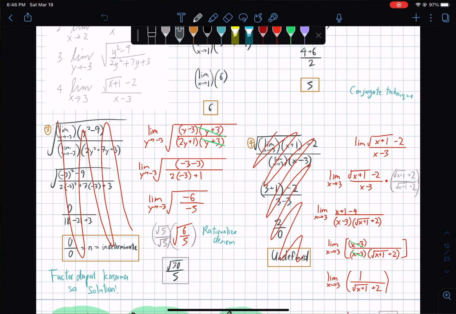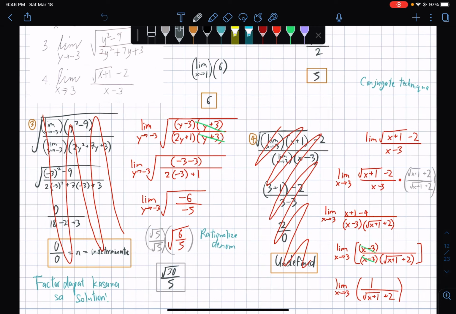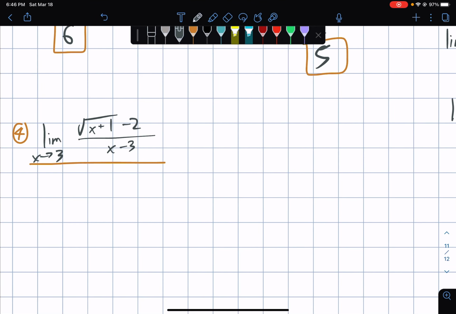Not sure what to do here. Alright, this is where we apply conjugate.